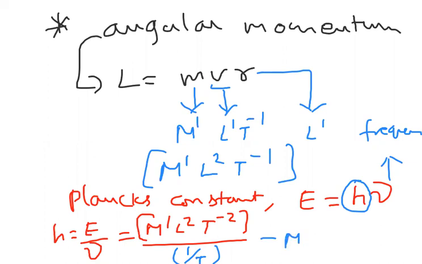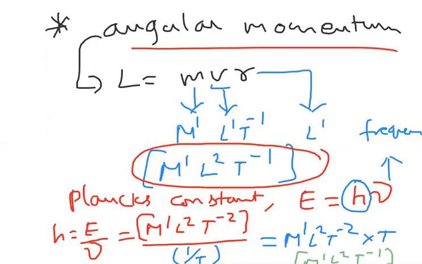So I can write M1 L2 T power minus 2, and this T will come to the numerator. So I am left with M1 L2 T power minus 1. Observe carefully what we got. We got M1 L2 T power minus 1 for angular momentum, and again here we got the same formula, M1 L2 T power minus 1, for Planck's constant also.